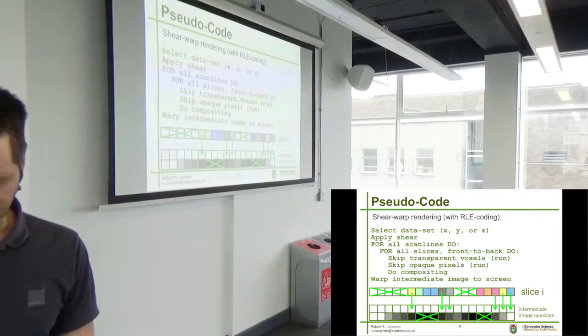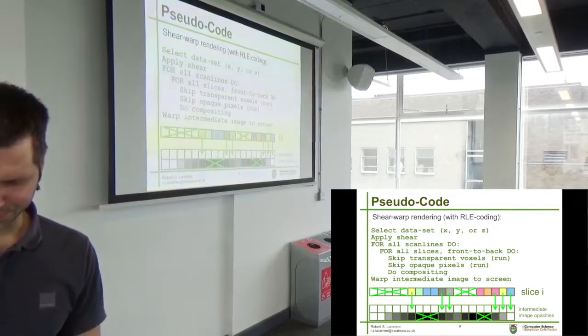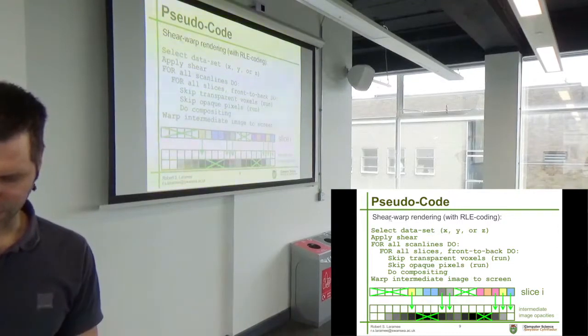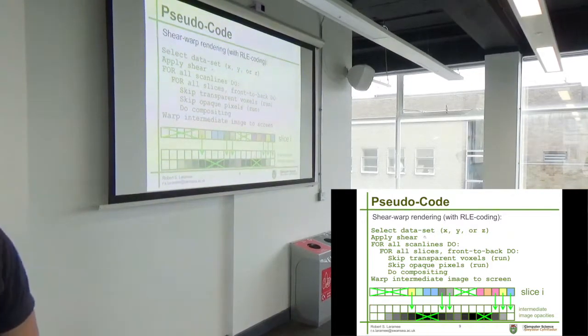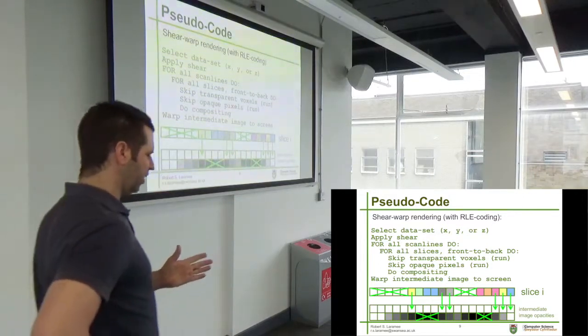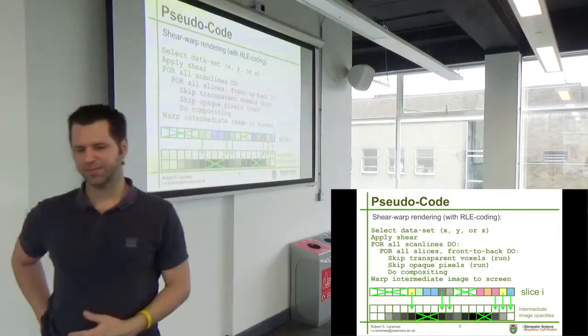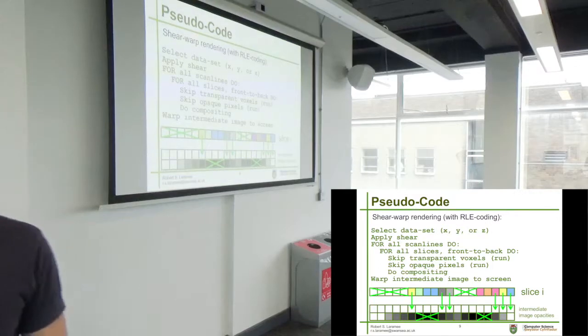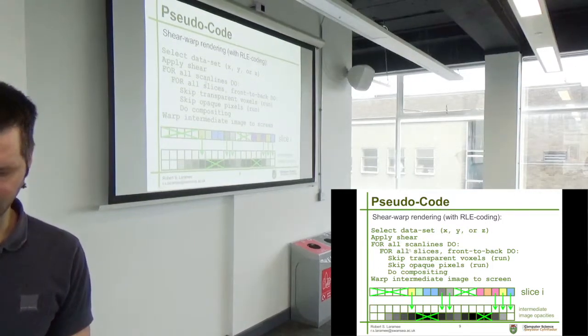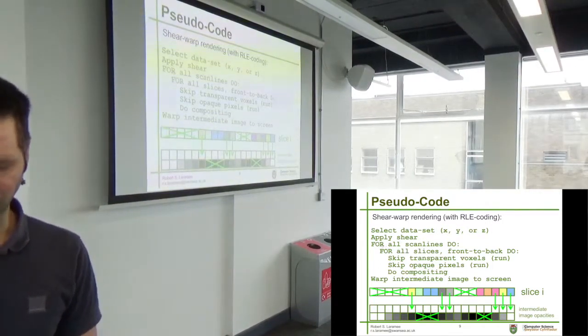So here is the idea, and this is where this is non-trivial as well. We have our data set that we shear at the right angle so that our rays are orthogonal to the volume. And then we have two for loops.